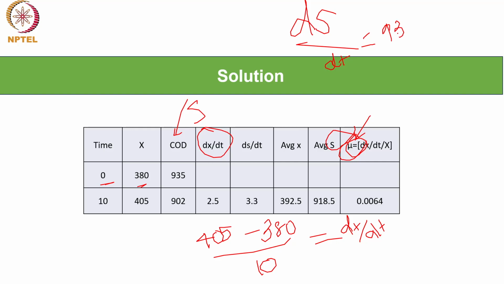So it is going to be 935 minus 902 divided by change in time, that is 10 minus 0. Can someone calculate and tell me the answer? 935 minus 902 divided by 10.